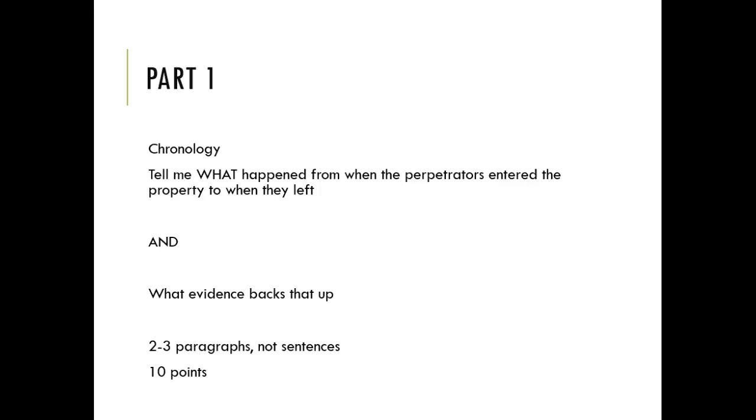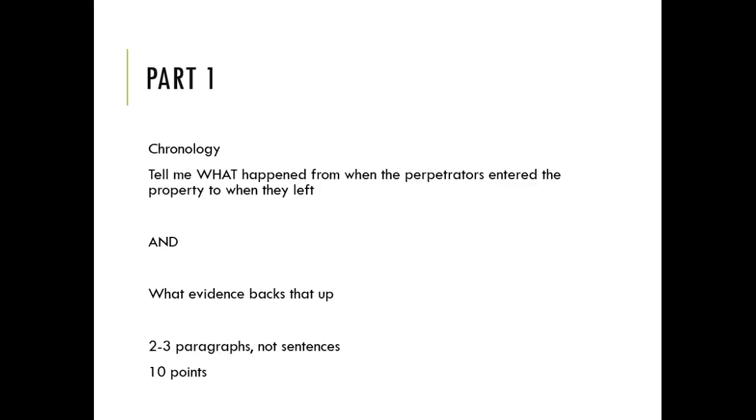Once you do, you will get to the 4.10 assignment, and it has two parts. Part 1, you will be asked to tell a chronology of the crime. Okay? Quite often students feel like they need to tell all of the background.